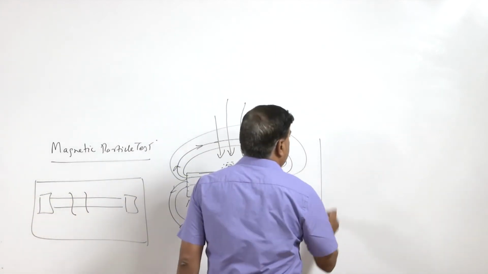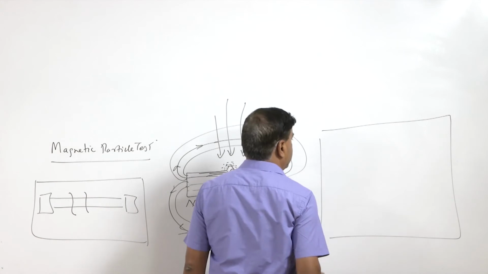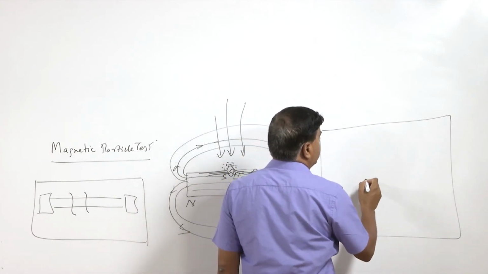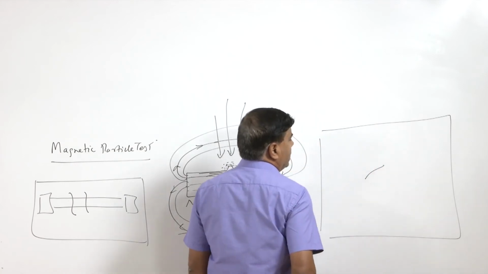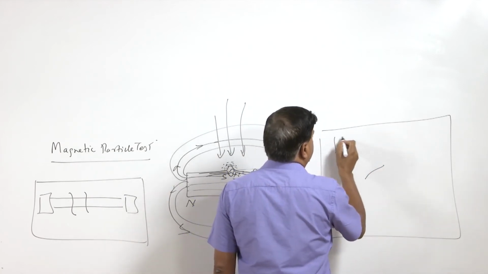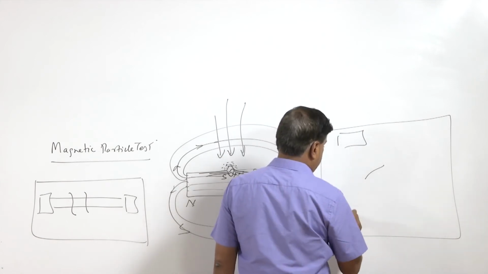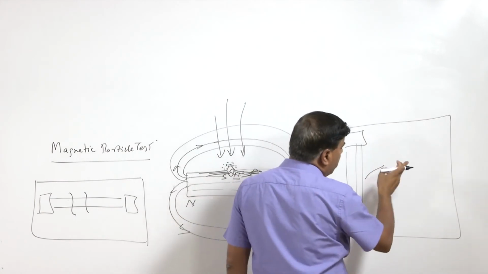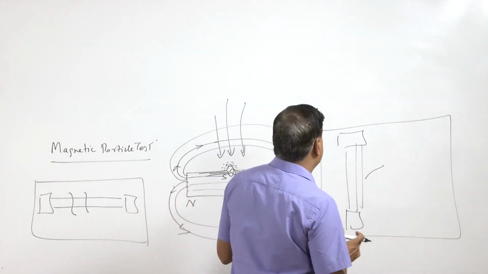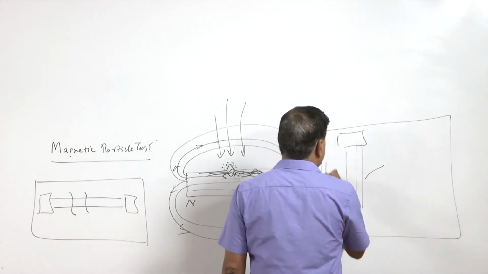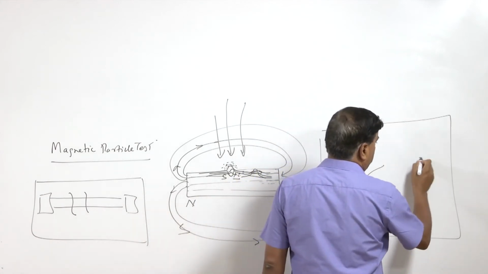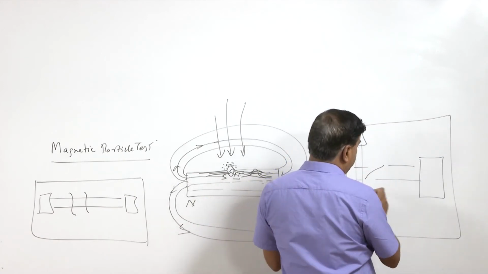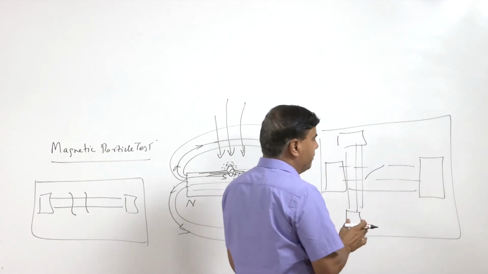directions. Say for this particular component, if there is a discontinuity here, then magnetization from this direction will be leading to some poor or weak kind of detection, and similarly if the magnetization is done this way, it will also lead to poor detection, because the discontinuities are not really perpendicular.